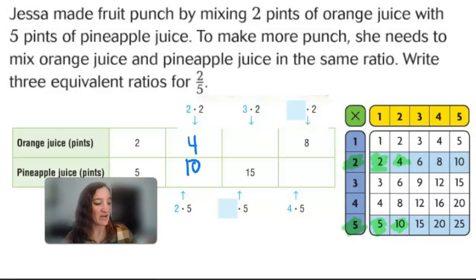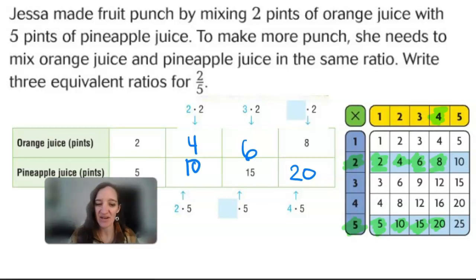If we wanted to triple it, times them both by 3, then we'd have 6 to 15. If we wanted to quadruple the amount, times everything by 4, well, then we need 8 pints of orange juice and 20 pints of pineapple juice. That way they will stay equivalent and it will stay beautiful. A beautiful mixture of orange and pineapple.